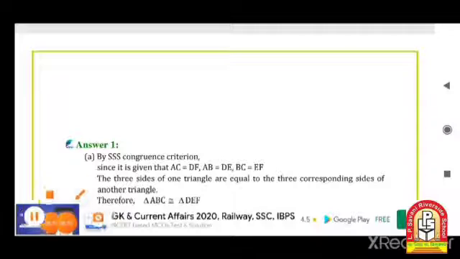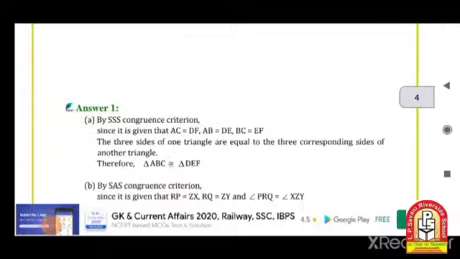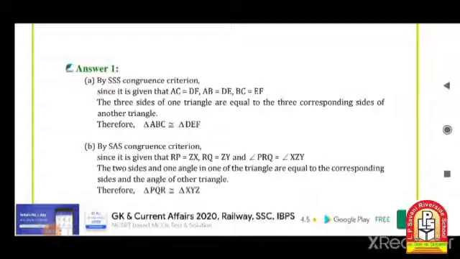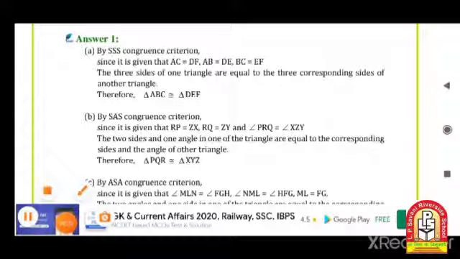Okay, so by using this application, let's see one example of the SSS congruence criterion. So what is the SSS congruence criterion? AC is equal to DF, AB is equal to DE and BC is equal to EF. This criterion is known as the SSS criterion. Then after SAS, side angle side, there are two sides and the included angle that are the same.